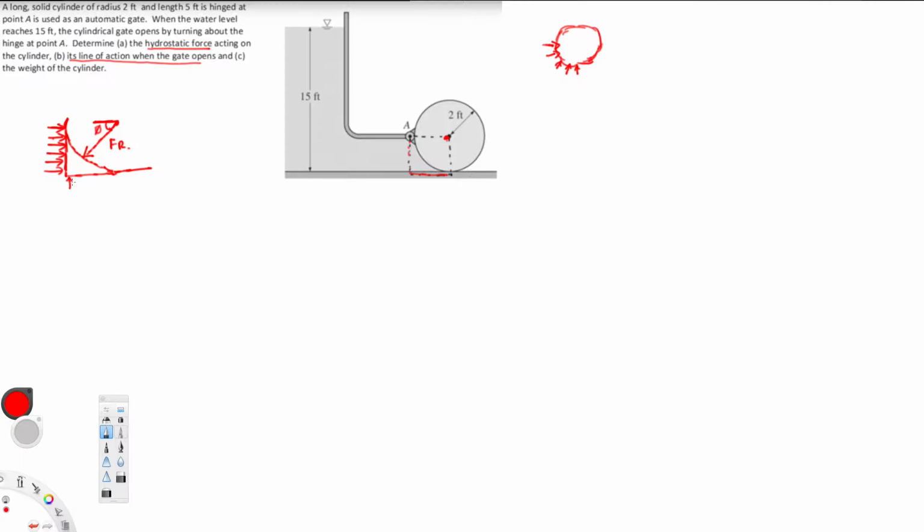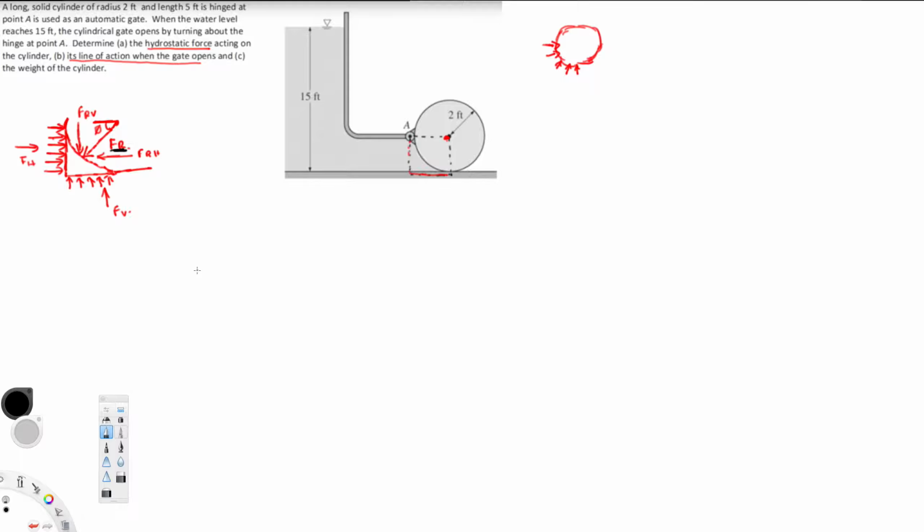Let's say this one is F horizontal and this is F vertical. Also we are going to have two components for this one: the vertical component FRV and the horizontal component FRH. But the main thing is this one right here. This is what we have to find, and that's all the information.